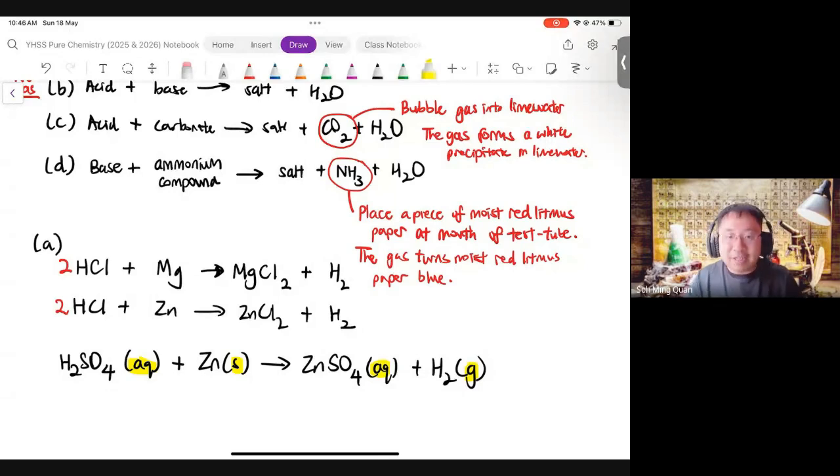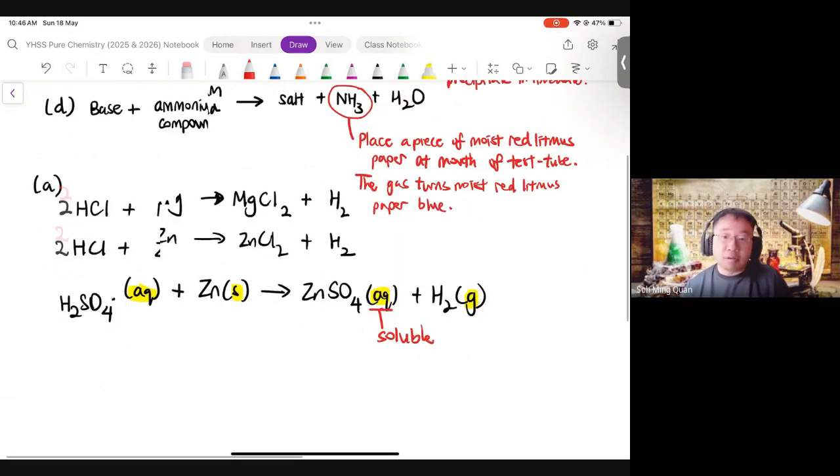They are solid iron, solid zinc, solid magnesium. However, the salts are solutions. They are soluble. Soluble means aqueous as well. Most ionic compounds, which are salts, are soluble. Finally, hydrogen is a gas, right? It's a gas.